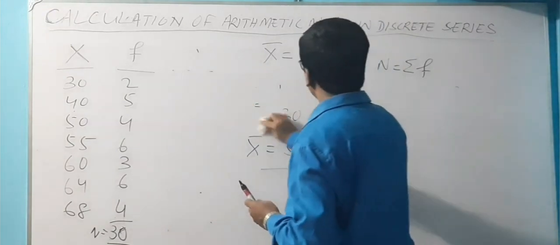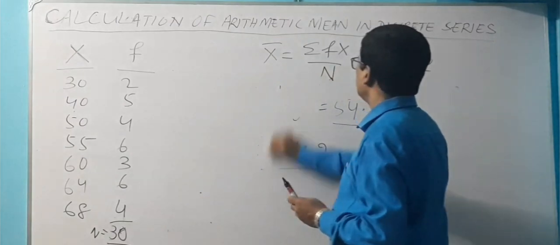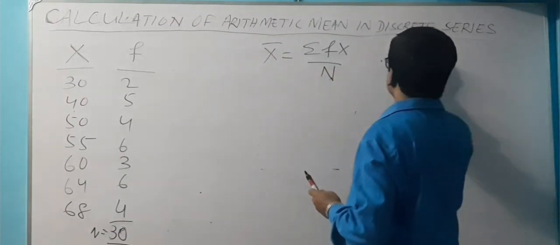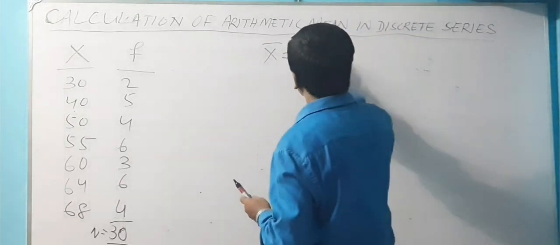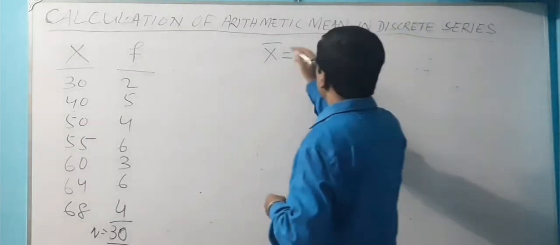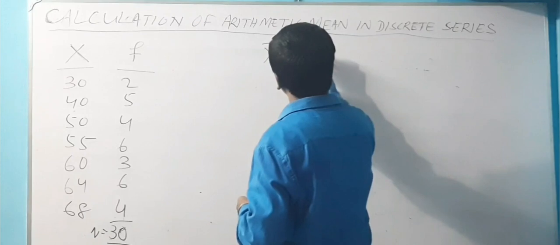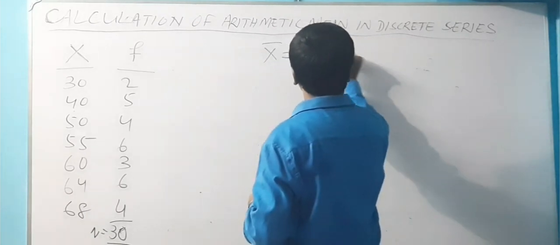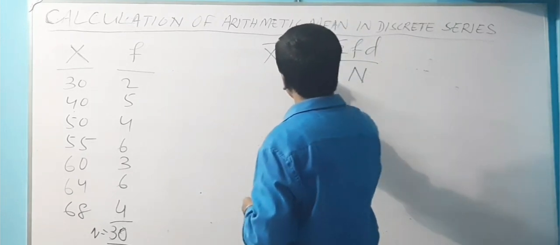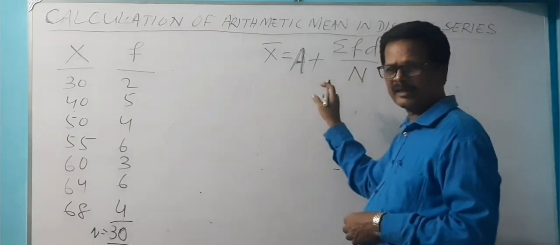To calculate arithmetic mean through shortcut method, we have to put the formula, and the formula is x bar is equal to a plus summation fd by n. This is a plus summation fd by n.